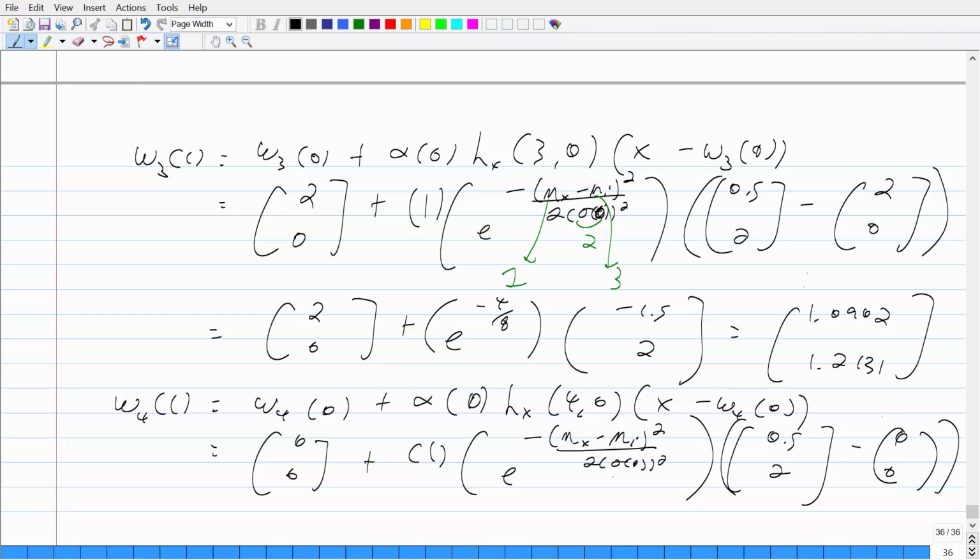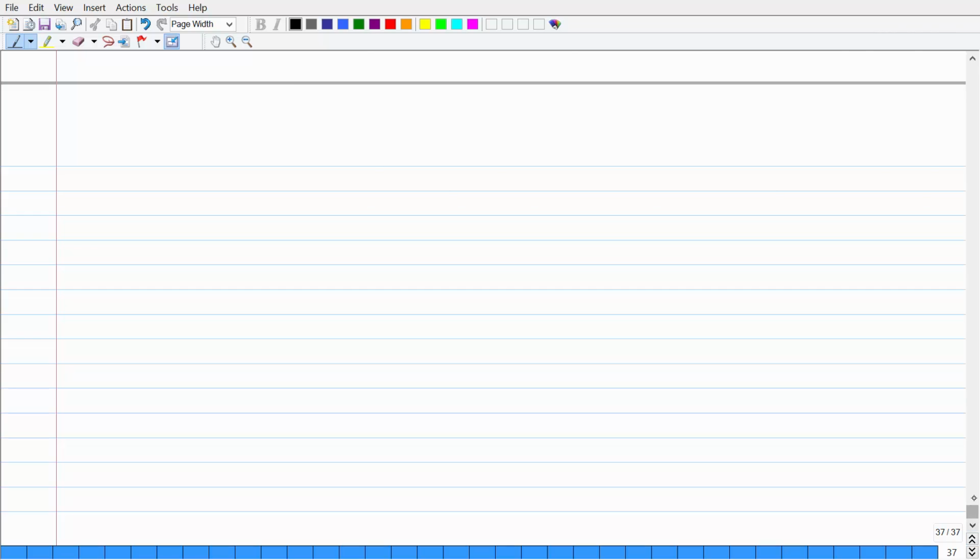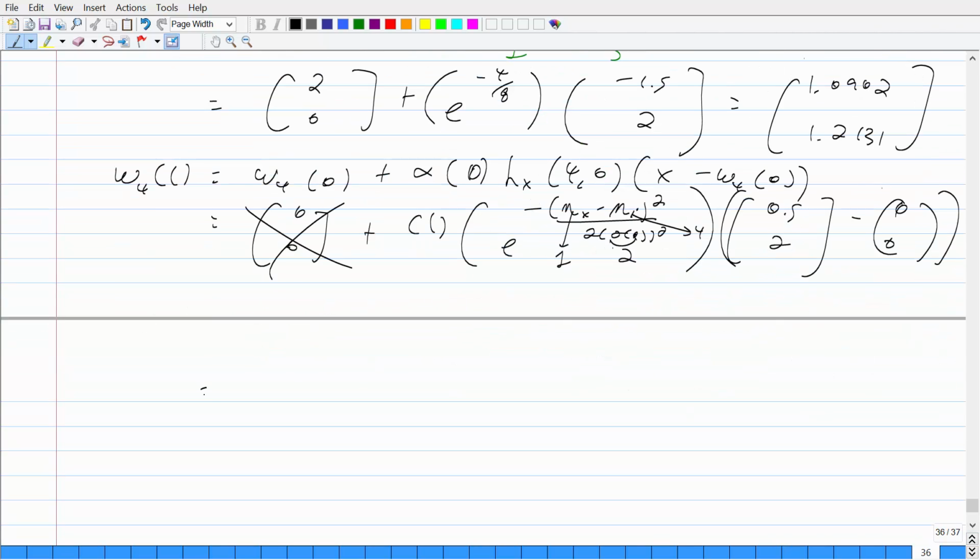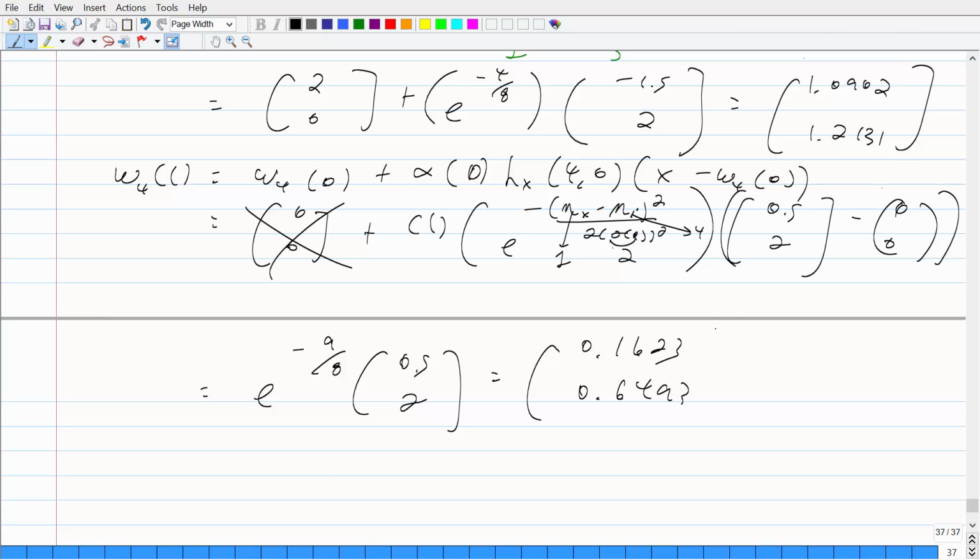Okay, so this is 1, this is 4, and the bottom here is 2 again. So what you're actually computing is e to the power, 1 minus 4 is 3, so you have 9 over 8, and then 0.5 and 2. So when you calculate this, this becomes 0.1623, 0.6493.